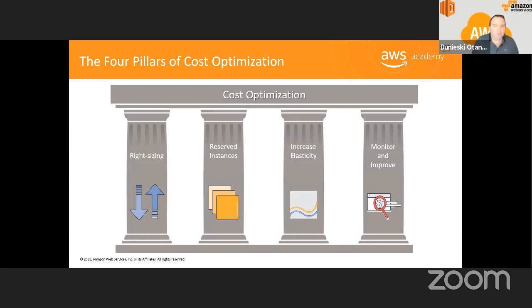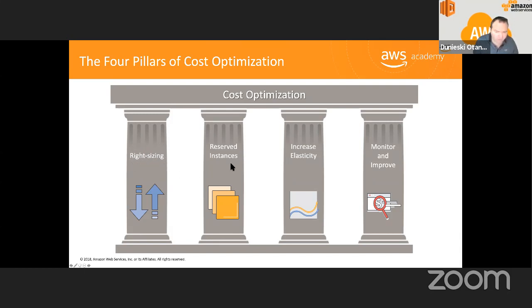Okay, so we continue. For cost optimization, very important, the 4 pillars: right sizing, reserved instances, increased elasticity, and monitor and improve. Don't forget them. Right sizing is knowing when to choose the right size of your instances to save money.